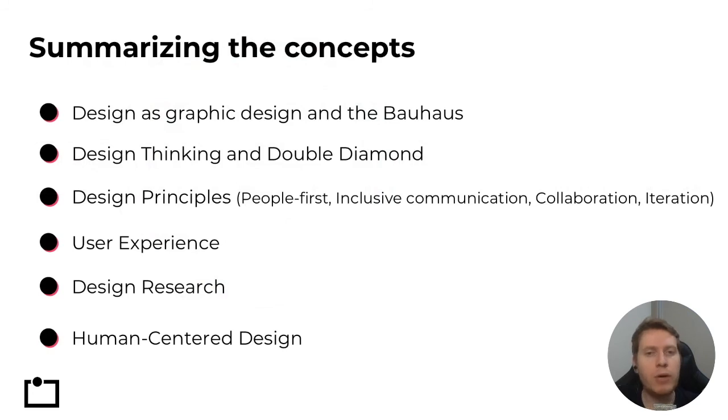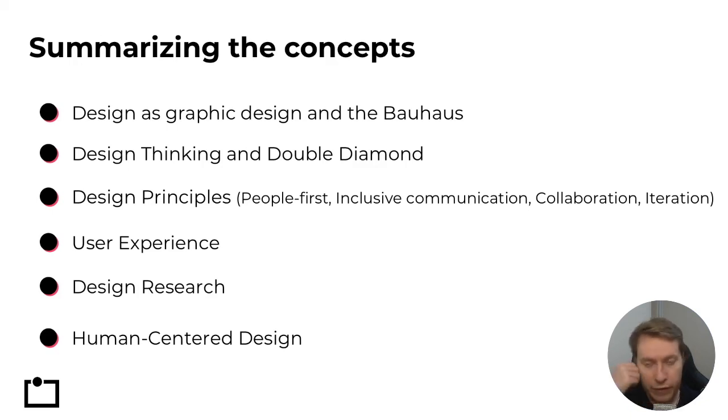So to summarize the topics that we've seen in our class and the content that we've learned so far, we've seen about design as graphic design, or design as interface design, when we use design to create logos, create new typographies, and also to design a specific part of a project to create a prototype.